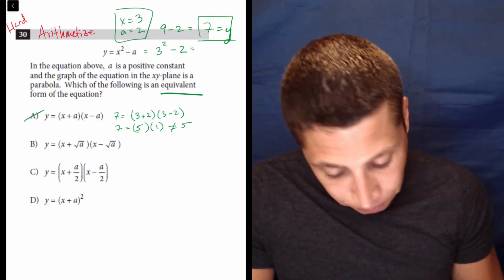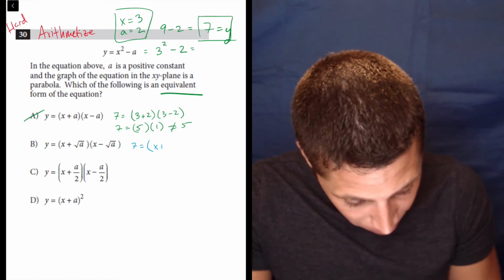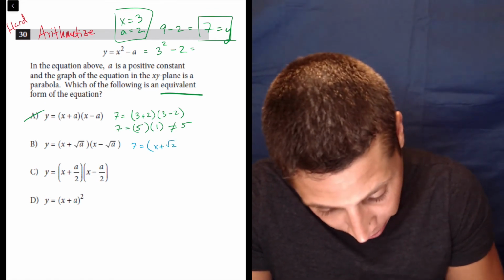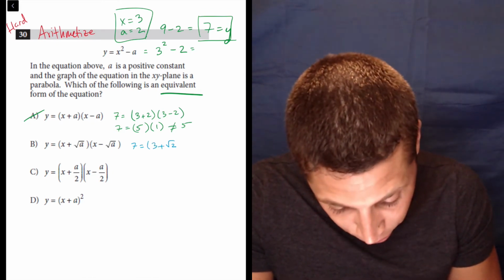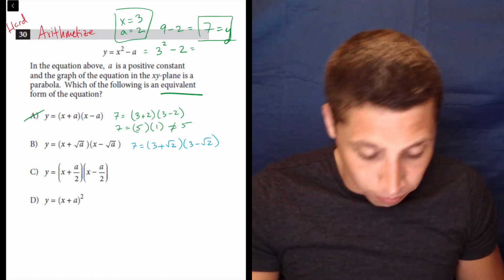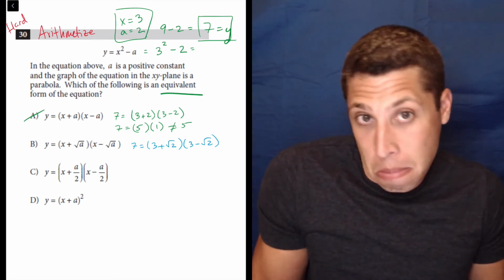Let's keep going. 7 is equal to 3 plus radical 2 times 3 minus radical 2. So now if this wasn't the calculator section, we'd have a bit of a problem, but I can do that, right?